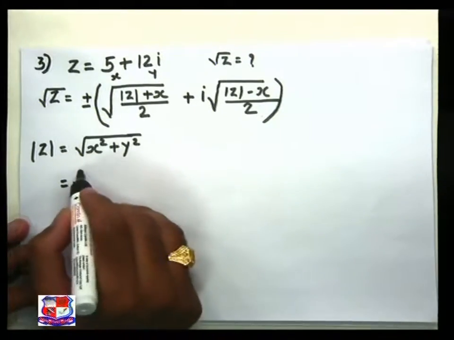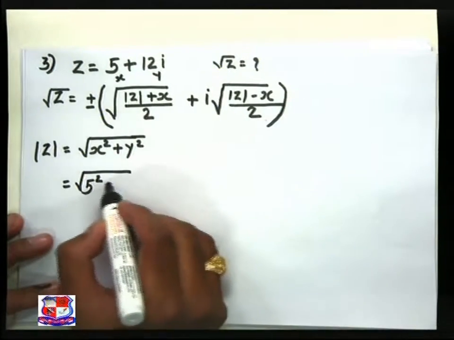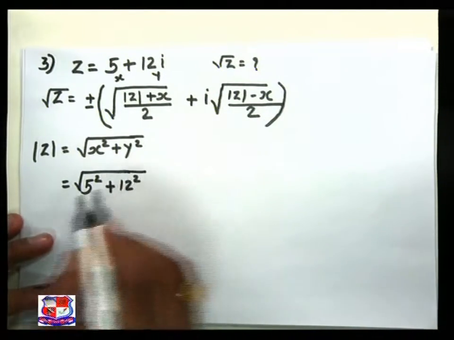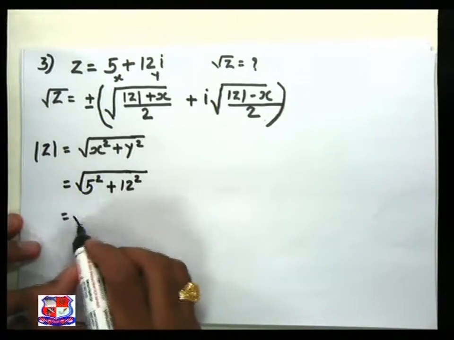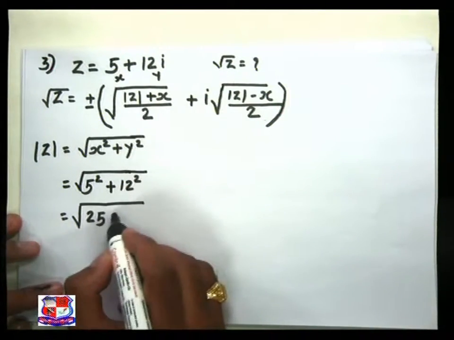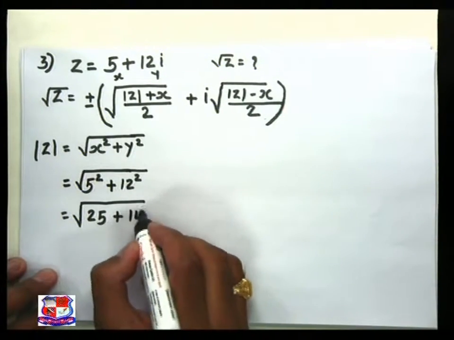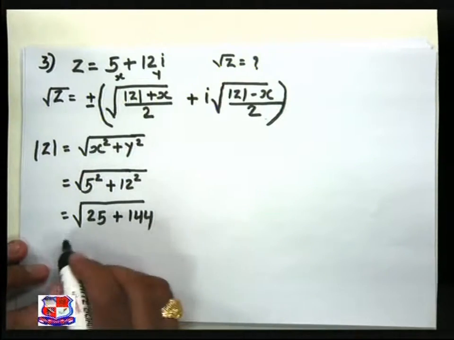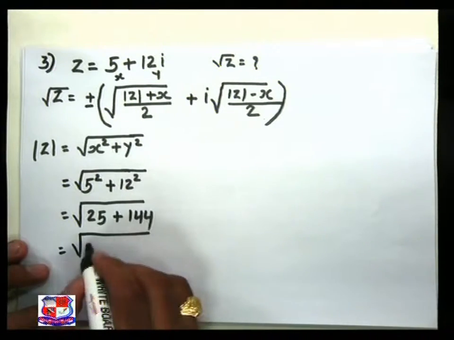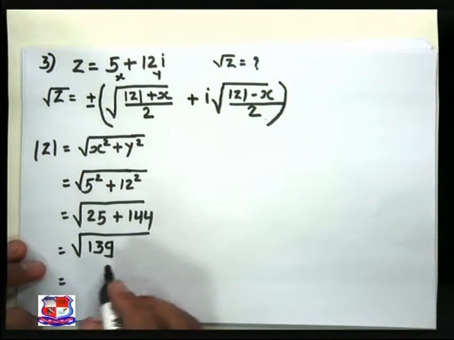So under root of 5 square plus, here y value, that is 12, so 12 square, is equal to 5 square, that is 25, plus 12 square, that is 144. Now addition of the under root of 25 plus 144, that is 169, and square root of 169, that is 13.